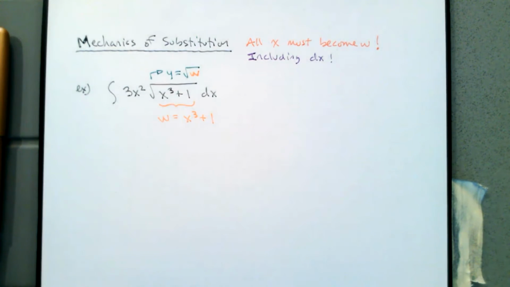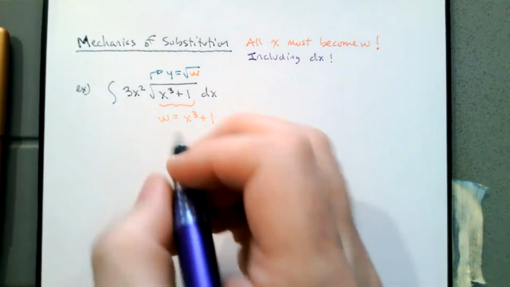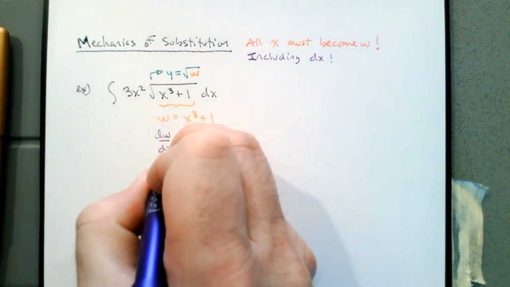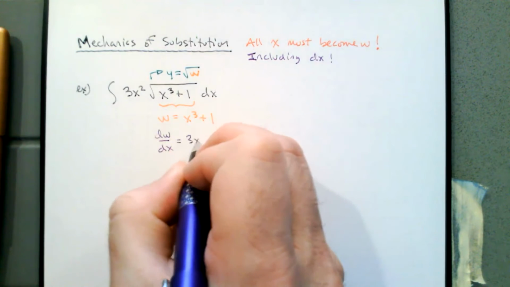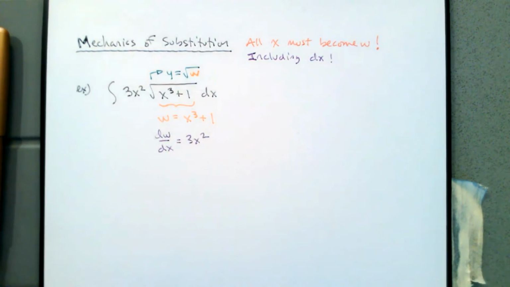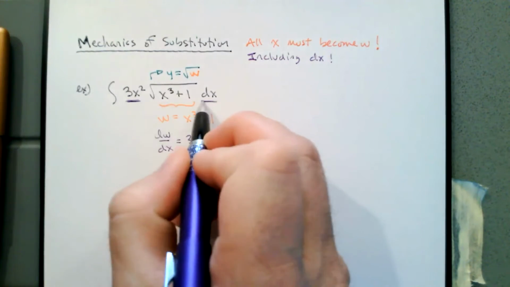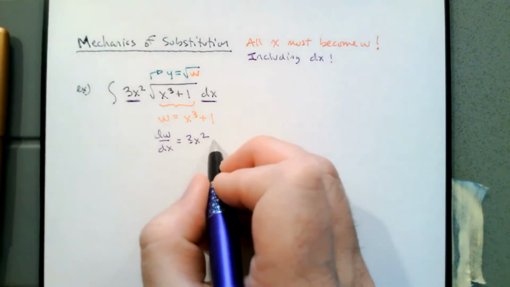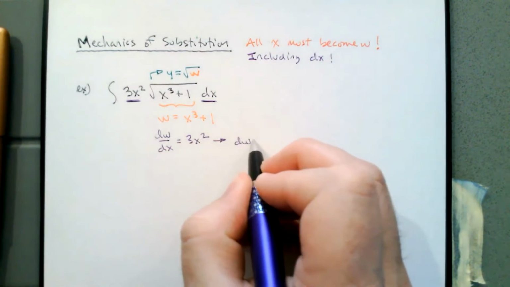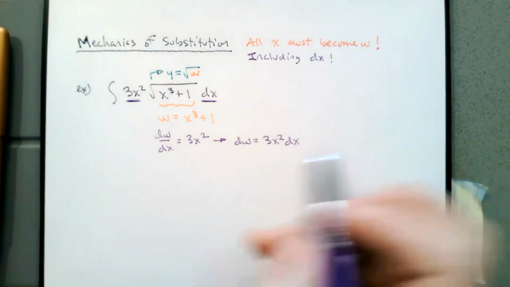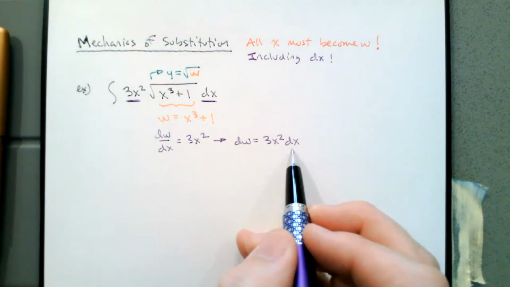So if w is equal to x cubed plus 1, then dw dx is 3x squared. And we're going to notice that the 3x squared and the dx is equal to dw. dw is equal to 3x squared dx.